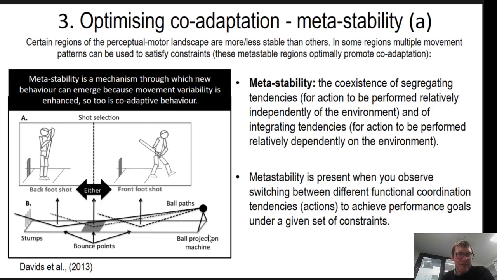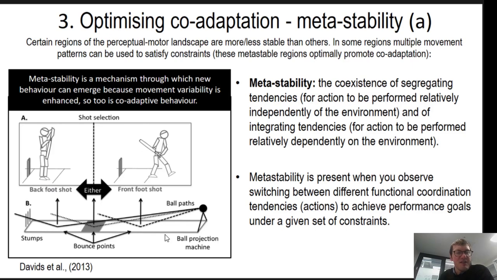And an example of this can be shown in cricket. Suppose you're a bowler, right? And you throw a ball. We can think about balls that are easy for a front foot shot, which tend to be bounce points over here, and balls that promote a back foot shot, which would be a short ball.